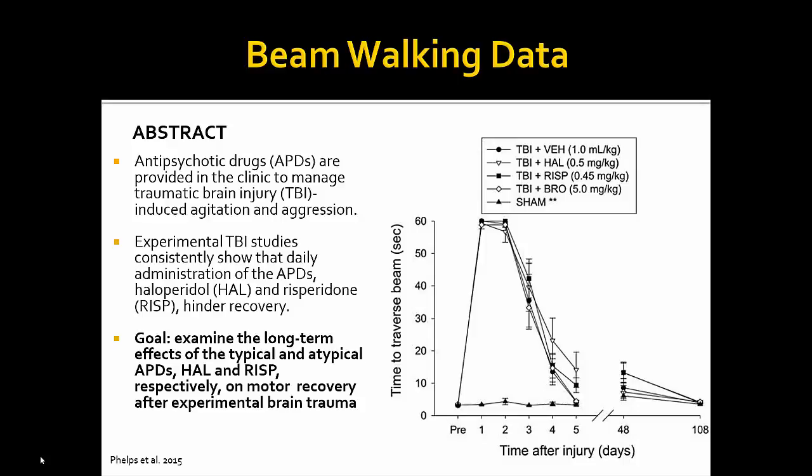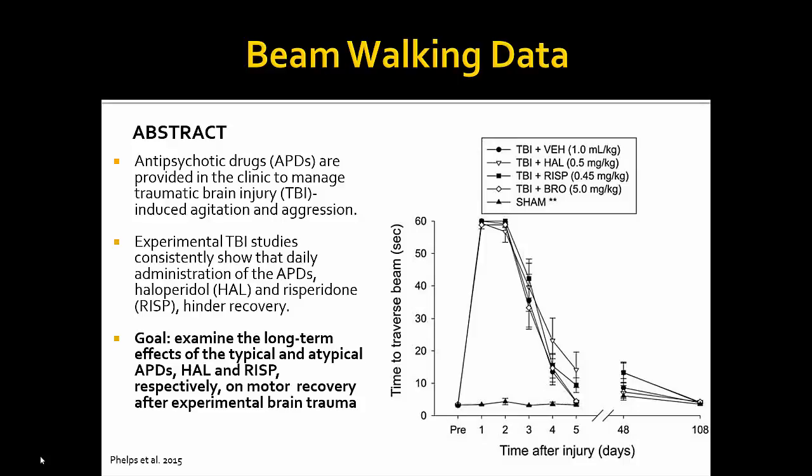And then you can see here, this is your sham animal all the way through. The sham animal means that it basically didn't have the TBI injury, but it went through the full surgery for it. And then as they give the different drugs, compared to your TBI vehicle, which is the darkened circle, you can see there was no effect of the drugs improving the motor coordination of these animals on beam walk.